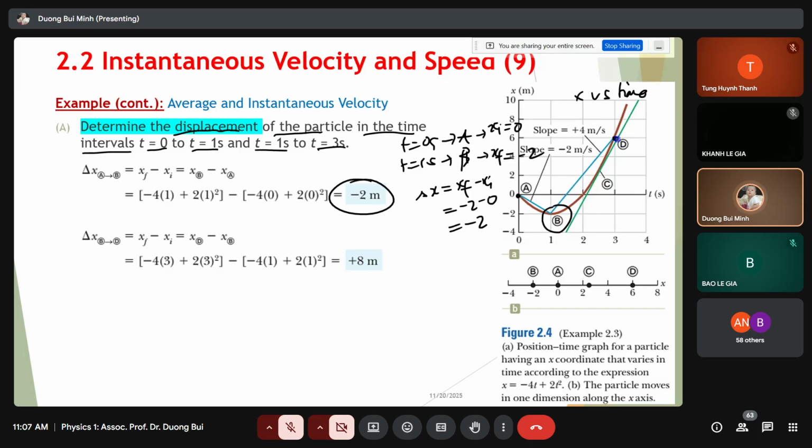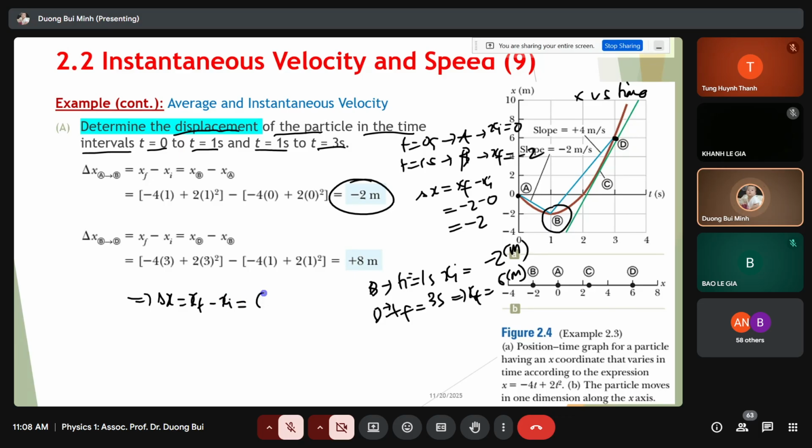Now at point B, ti is 1 second, xi is minus 2. And at point D, we have tf is 3 seconds and xf is 6 meters. So now delta x is xf minus xi, you get 6 minus minus 2, right?